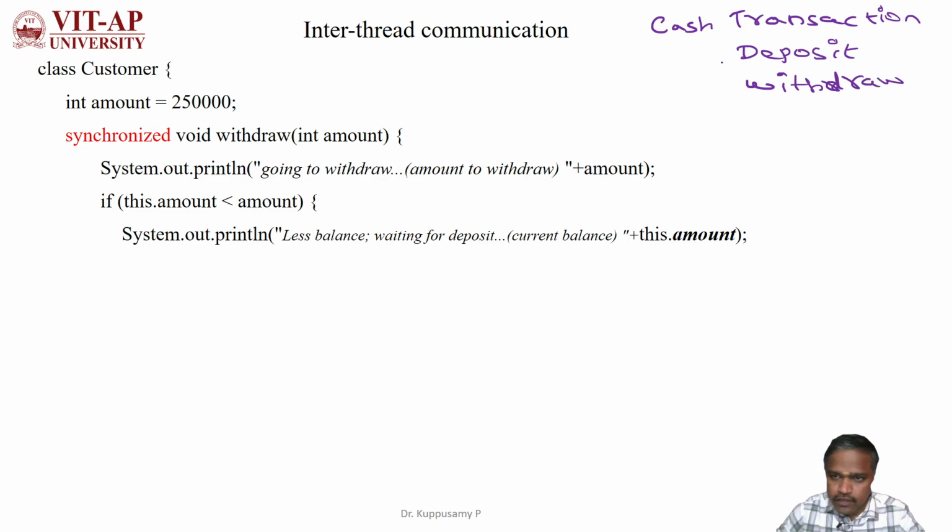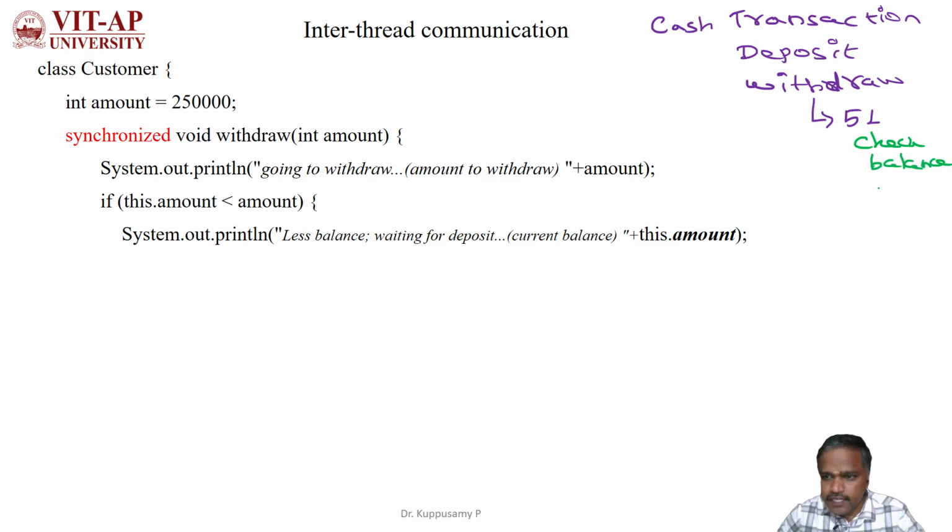In this approach, we are going to withdraw a specific amount, for example 5 lakh. When you are withdrawing the amount, it should check the balance, whether it is available or not.